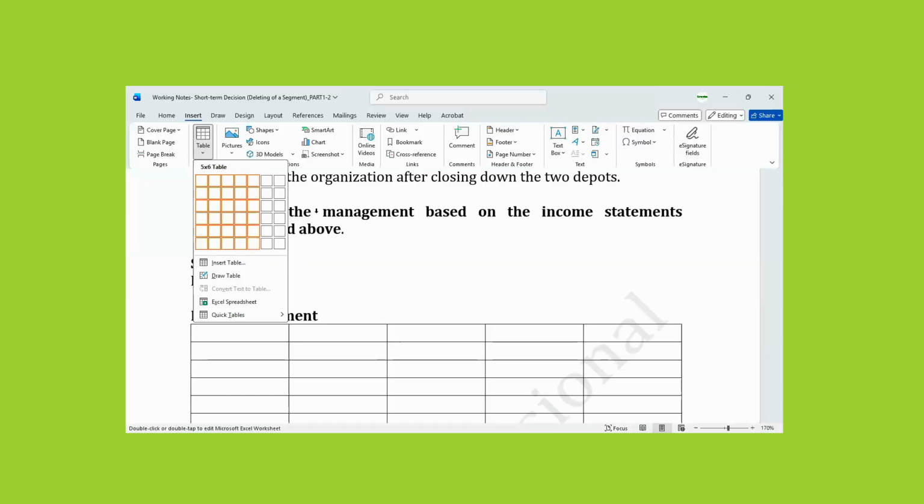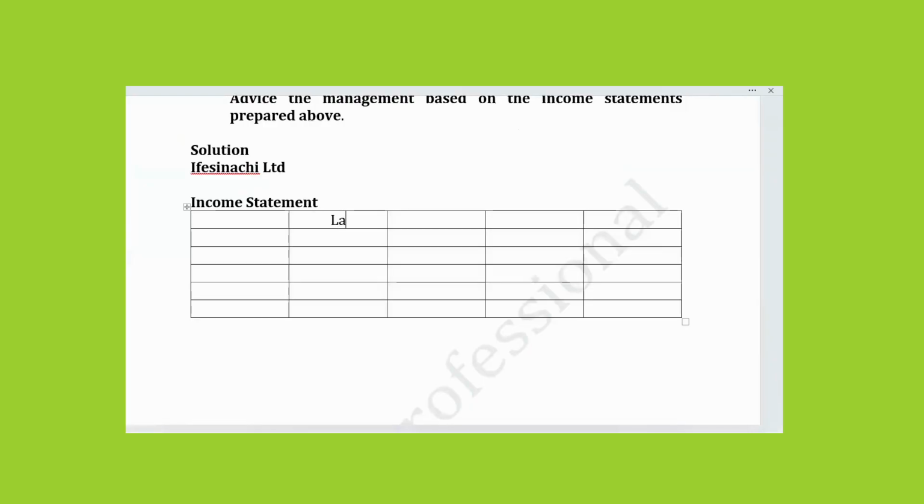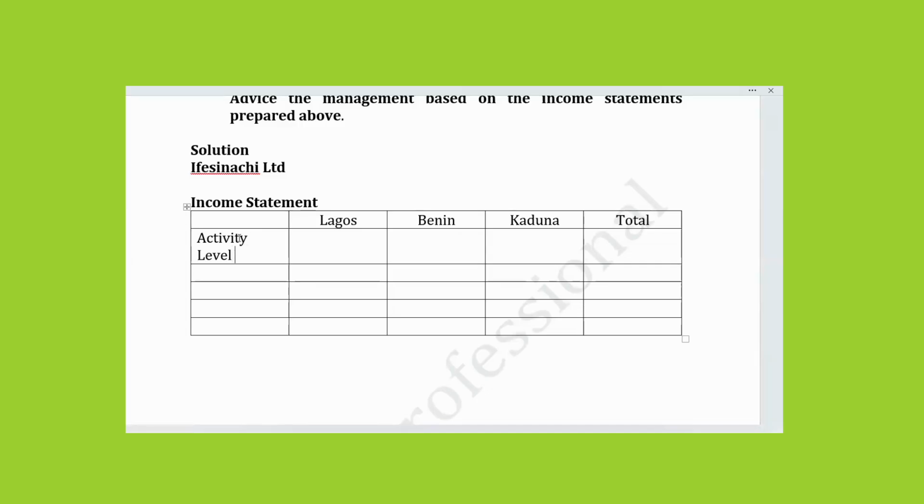So the first one will be for Lagos. Next one is Benin. And the next one is Kaduna. Then we need to prepare the total for the company as a whole. So according to the question, the activity level in units.